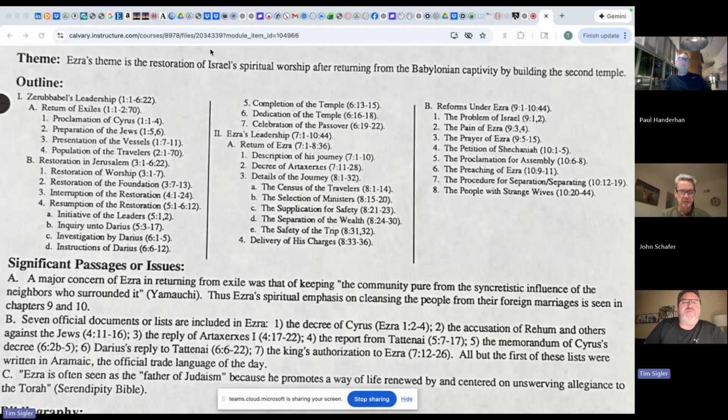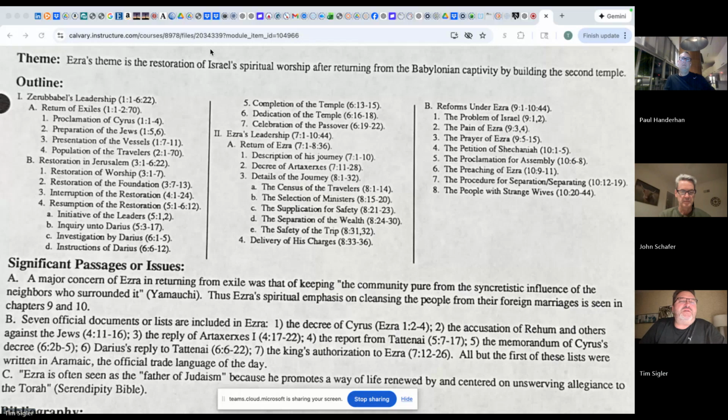But I'm going for something simple here, where we divide the book between Zerubbabel's leadership, chapters 1 through 6, and Ezra's leadership, chapters 7 through 10. I'm sure that text can be broken up in different ways, but it's pretty simple and straightforward. You've got Zerubbabel as the key leader, and you've got Ezra as the key leader.